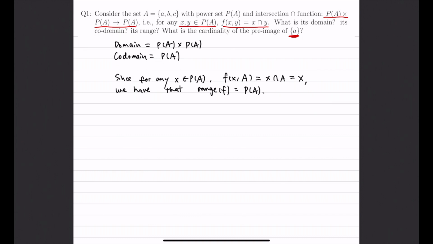So we can enumerate those members in the domain that are mapped to this. We have this set with {a} intersect the set {a, b, c} is {a}. And similarly, we can do this for {a, b} and {a, c}.